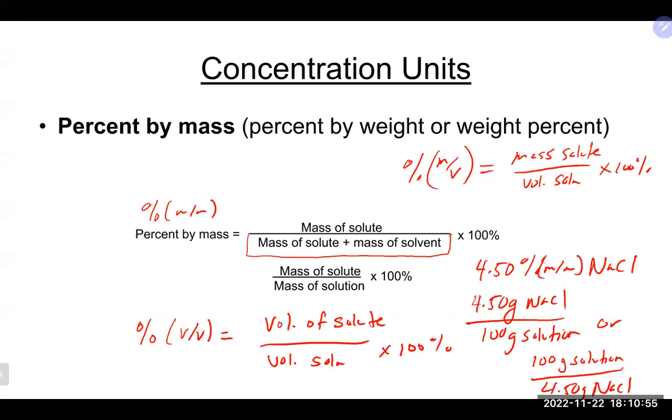So again, you can use a dimensional analysis approach to solve some of these problems using the percentage. You could also do it for any of these other ones as well. This is typically milliliters over milliliters, and this is typically grams over milliliters in terms of the units that we typically use.